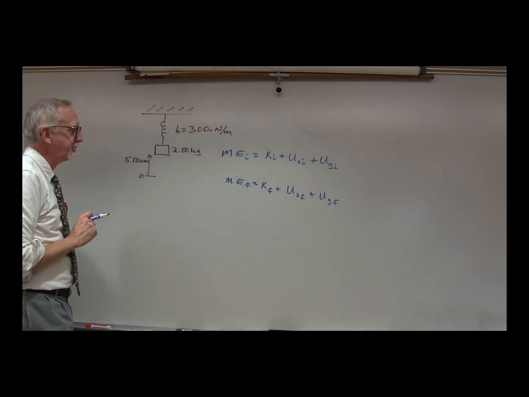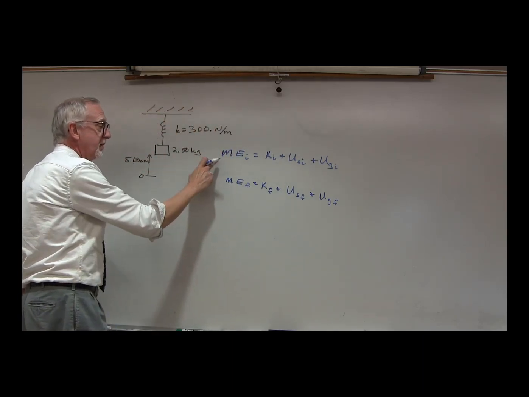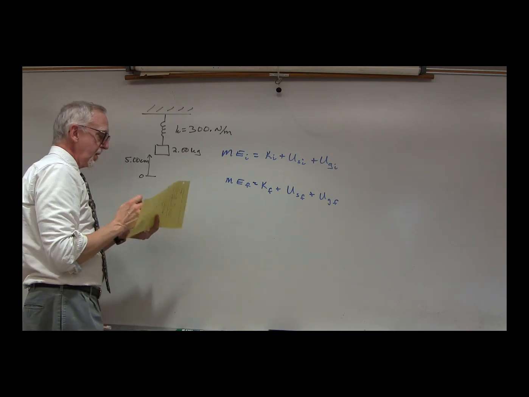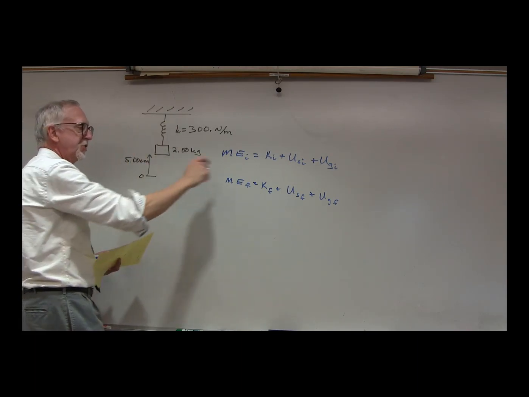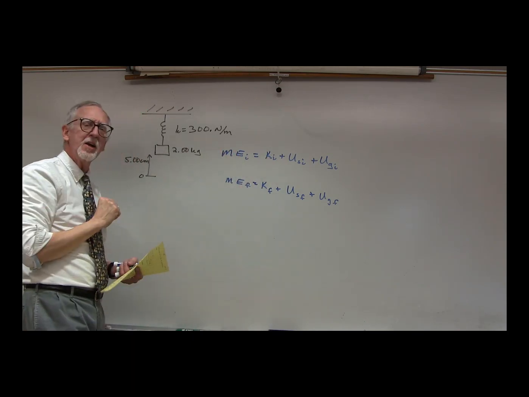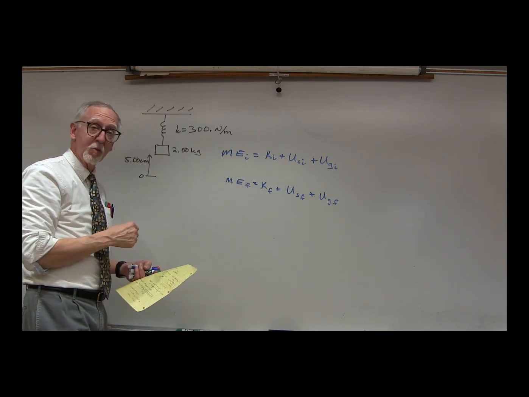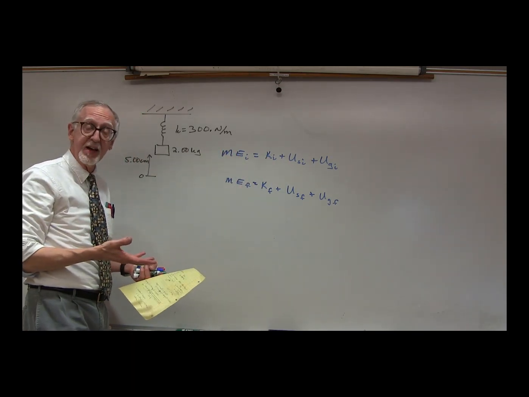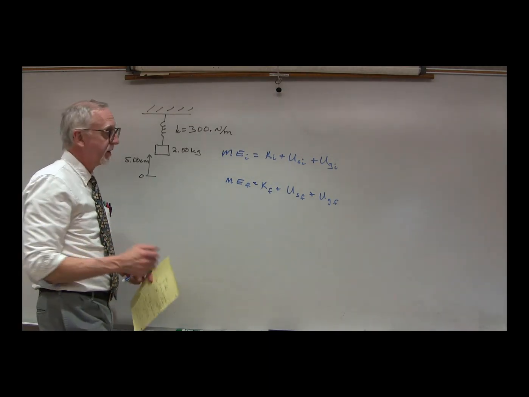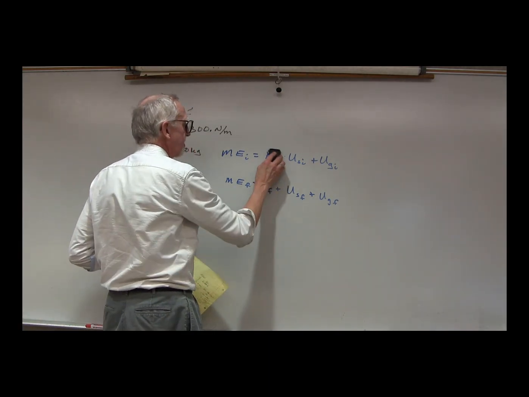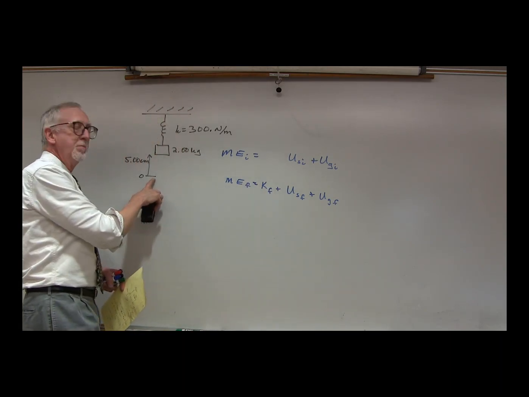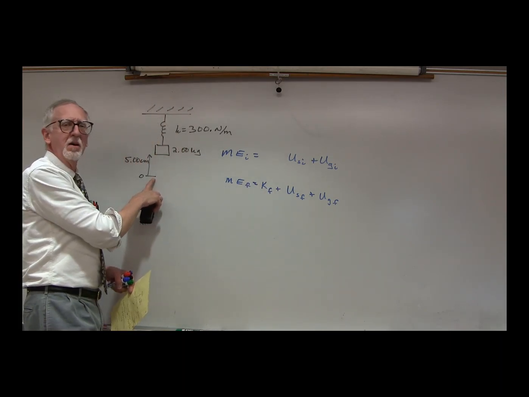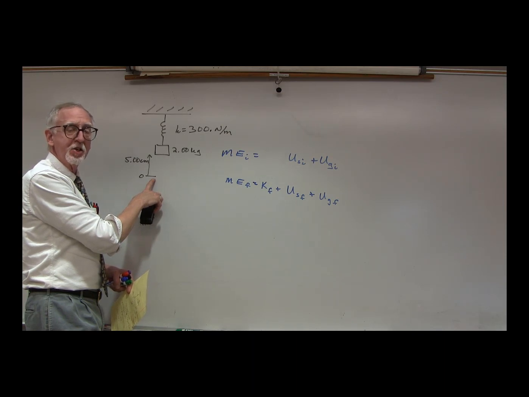Okay, there we go. So, what kind of energies do we have? First of all, let's imagine that it is released from rest. So what is the initial kinetic energy? 1/2 mv squared. If it's released from rest, initial velocity will be 0. So that one is 0. And then as it passes through equilibrium, what is the spring potential energy?